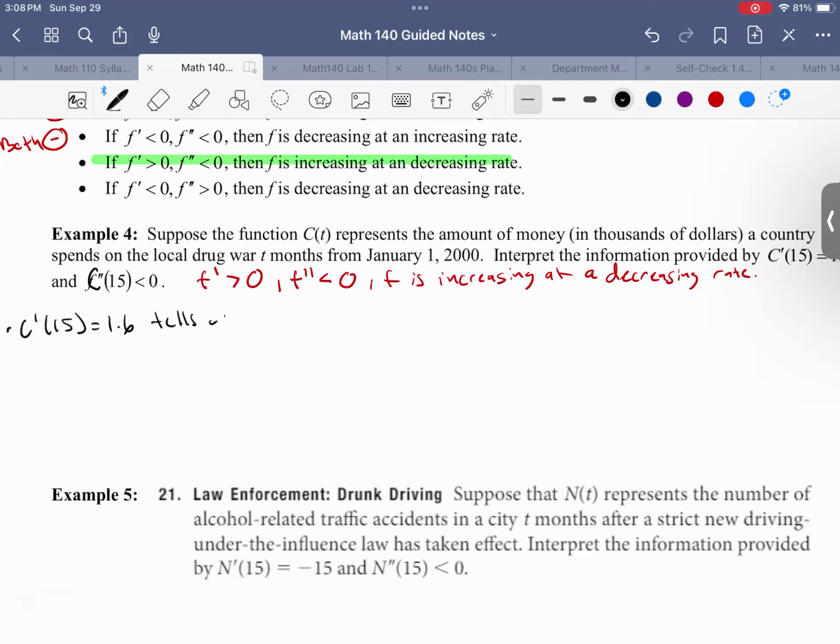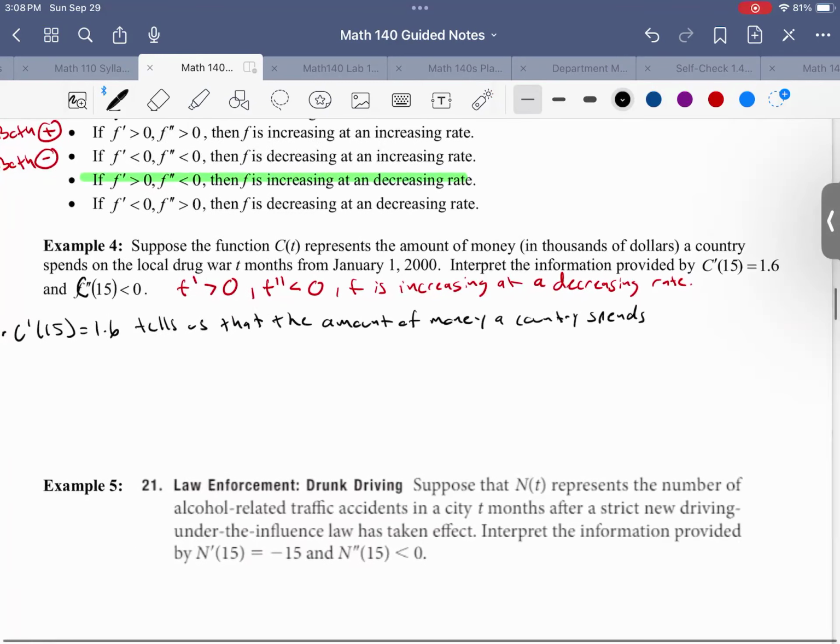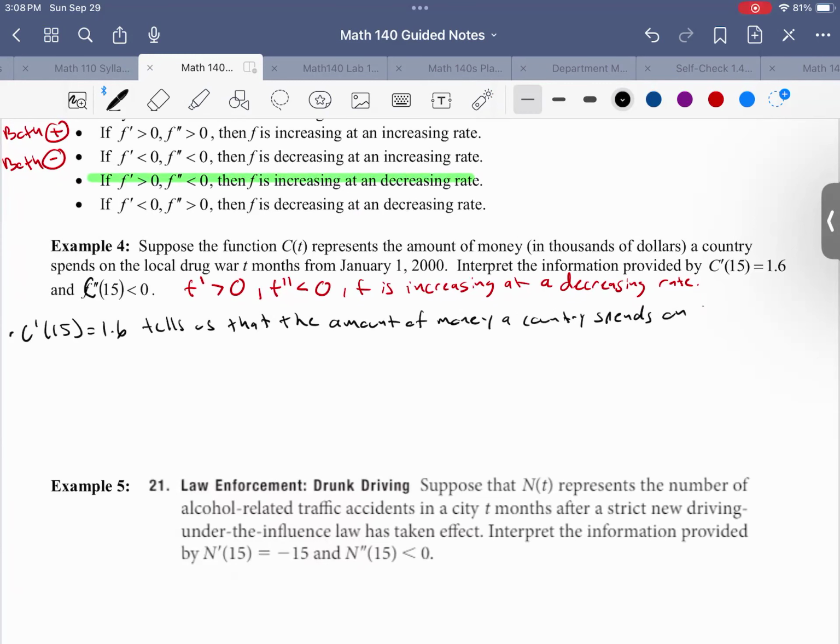This tells us that the amount of money a country spends on the local drug war will increase by 1.6 thousand 15 months, right?